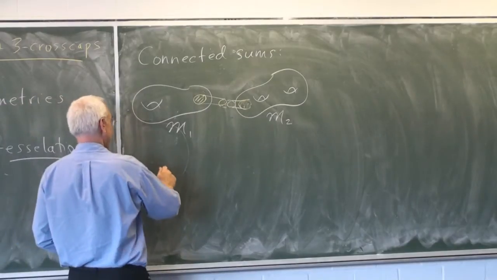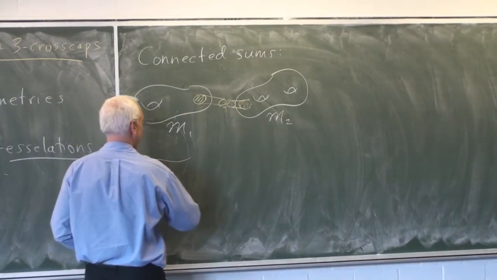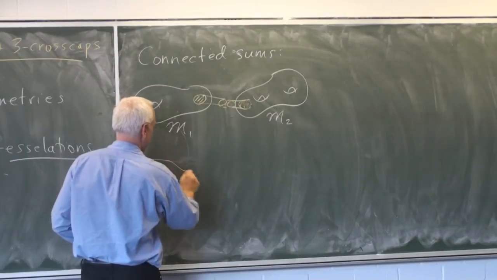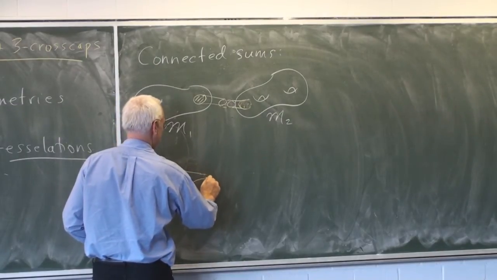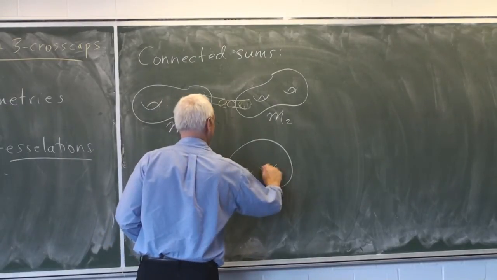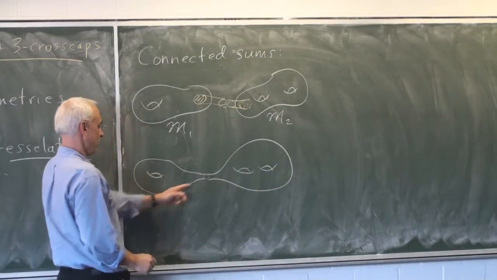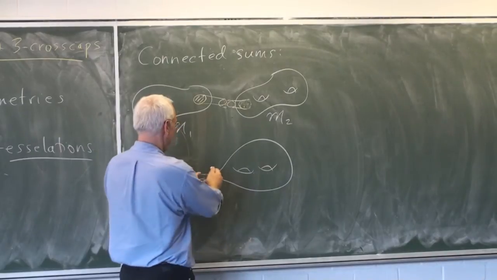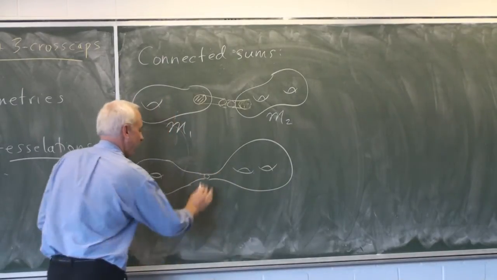And so what we would get is, in this case, here's where M1 was, here's where M2 is, here's where they're joined at a little bottleneck.